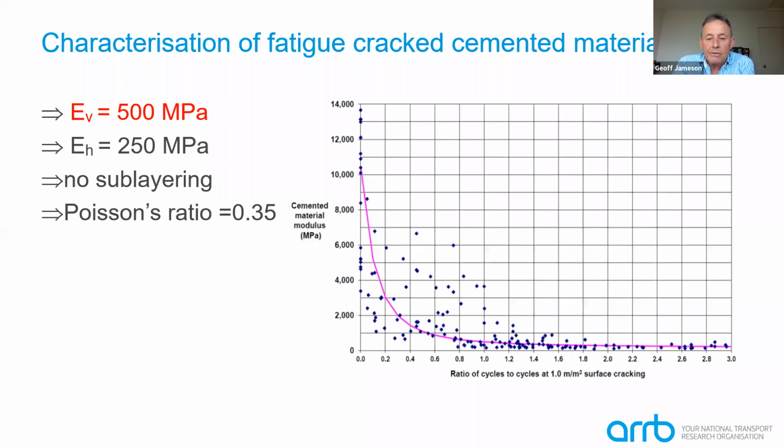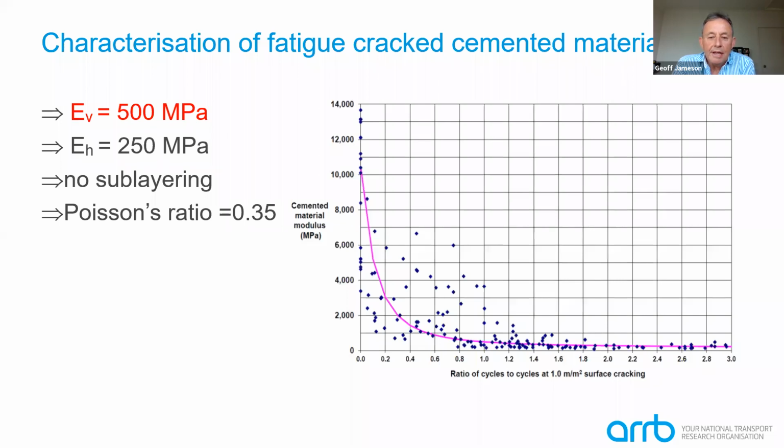That micro cracking results in a loss of bond between the binder and the aggregates. It cracks bonds in the material, and because of that, the modulus reduces. You develop a micro-cracked state, which eventually leads to macro cracking of the pavement.